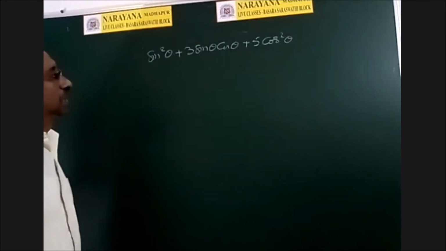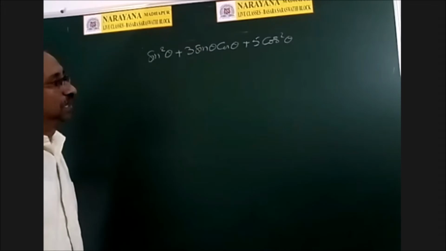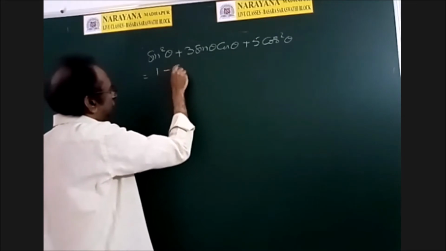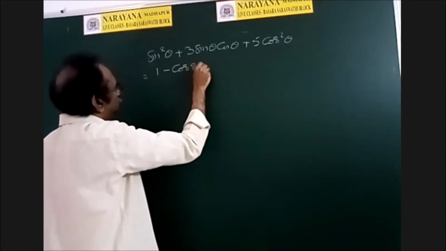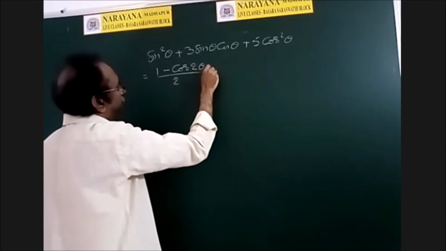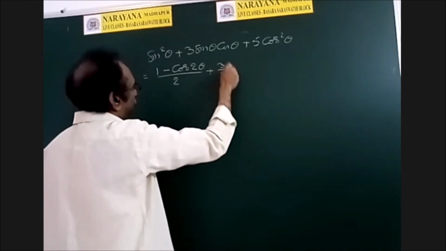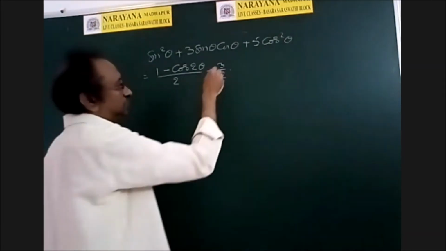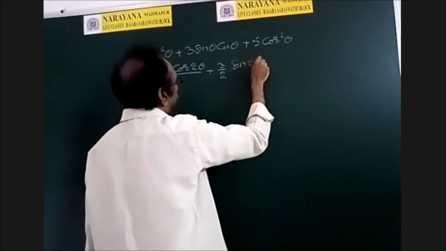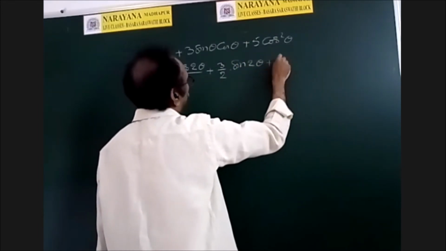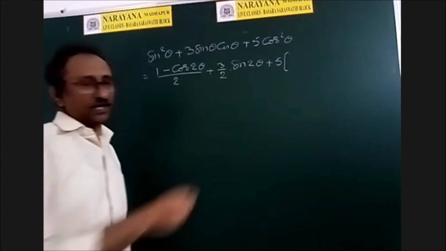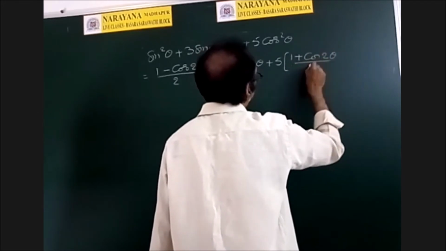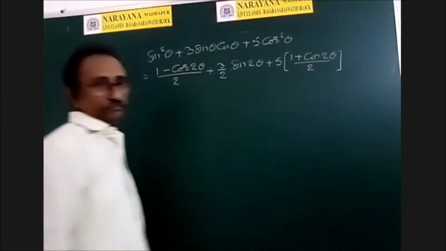Sine square theta plus 3 sin theta cos theta plus 5 cos square theta. Sine square theta can be written as (1 minus cos 2 theta) by 2. In this one, if I write 2 in the denominator, in the numerator there will be 2 sin theta cos theta, that is sin 2 theta, plus 5 into (1 plus cos 2 theta) by 2, since cos square theta can be written as that.